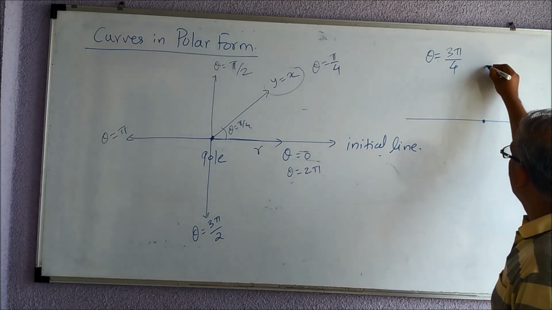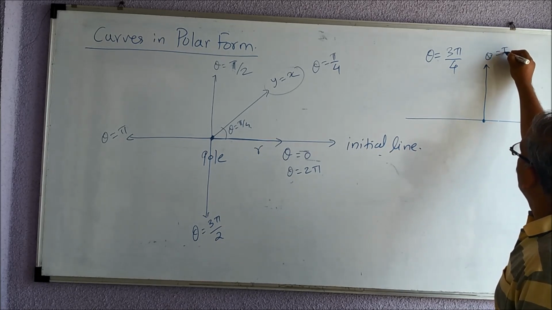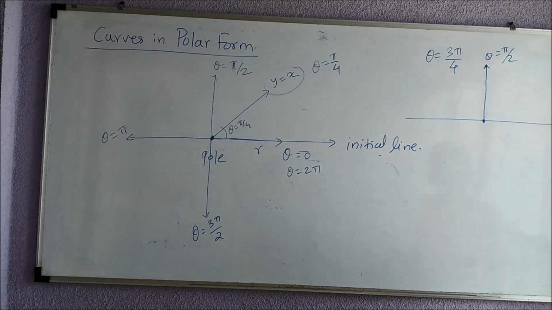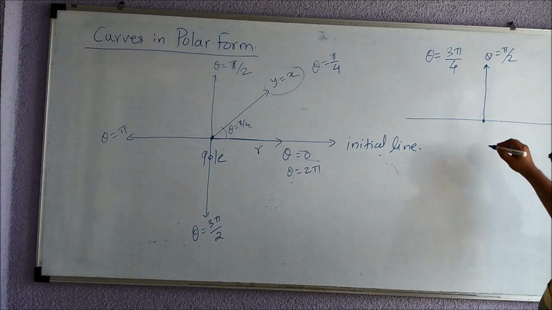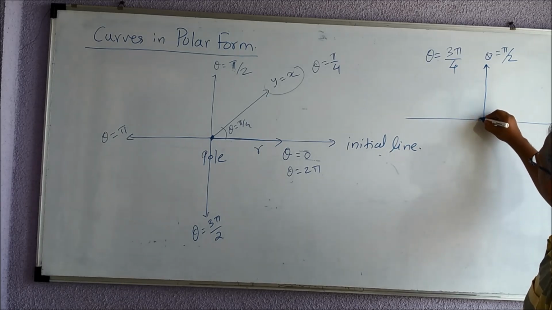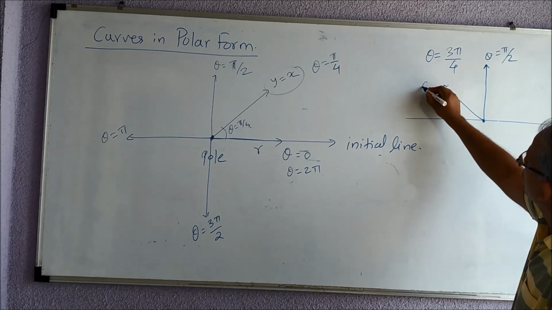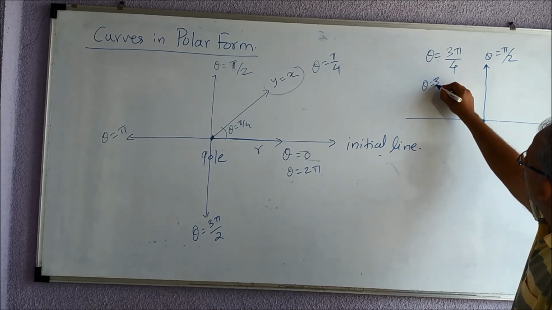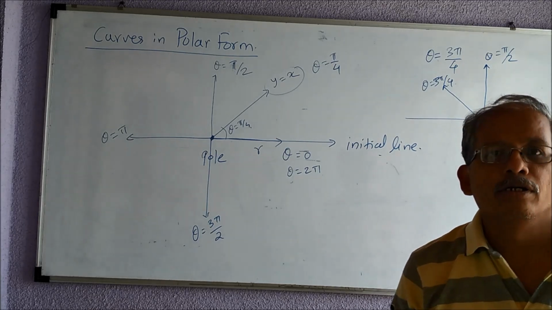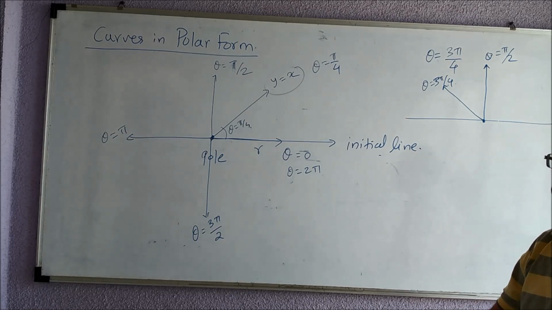So this is the pole, this is pi by 2, and 3 pi by 4 will be something like this. So this is theta equal to 3 pi by 4.